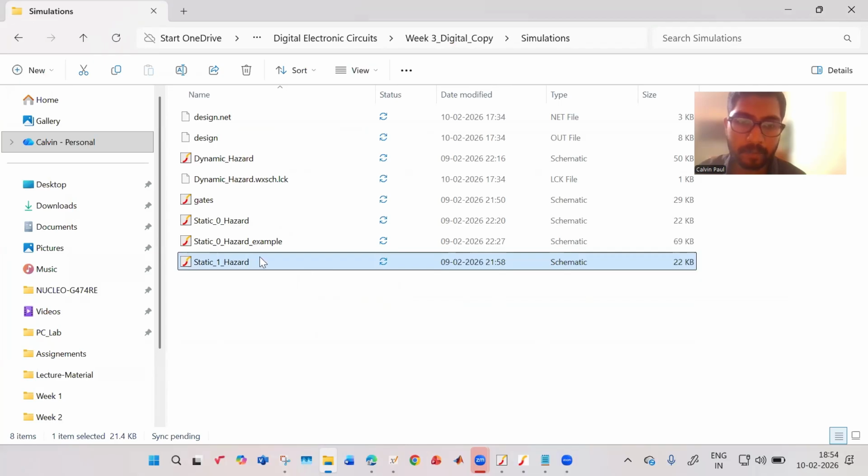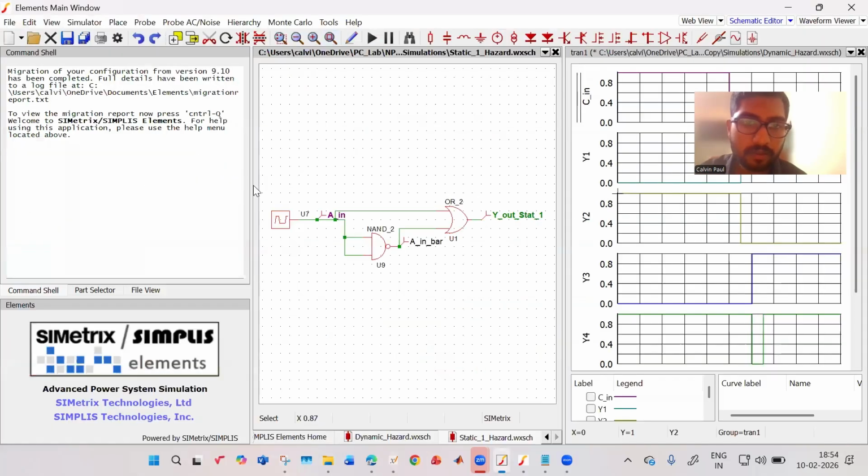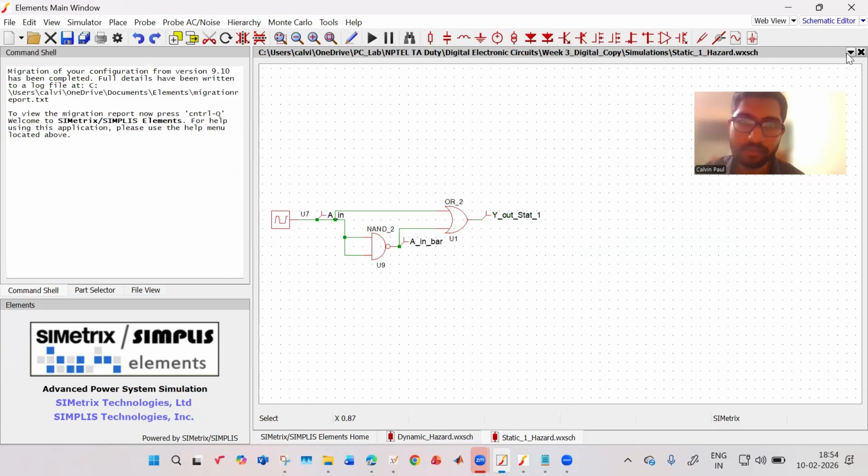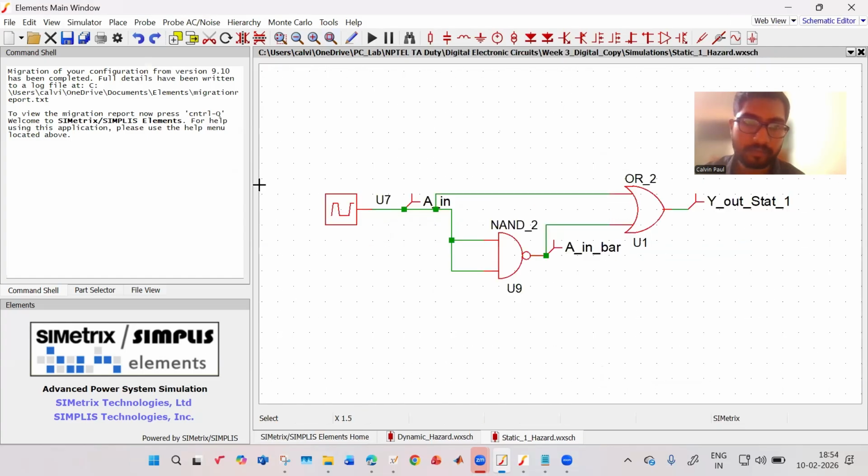Will you open up static one hazard right here? So you're able to see the simulation screen, right? Okay, I'll trust you guys are able to see. Please be a little bit more vocal.